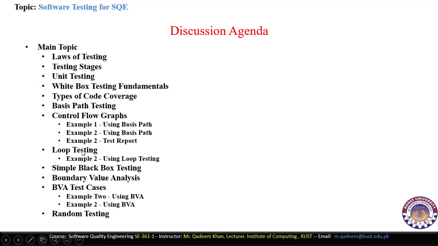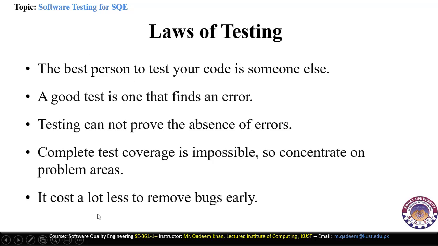And then we have the loop testing, and in the loop testing we have two different examples of the loop testing. Then we have simple black box testing, boundary value analysis, and then we have boundary value analysis test case preparation. That is very important, that is how we create the test cases using boundary value analysis. Then we have the examples of the boundary value analysis, and at the end we have the random testing.